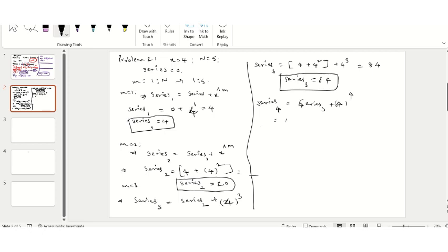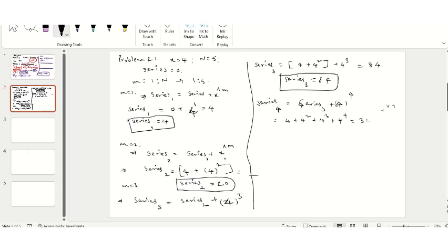But what is series 3? 4 plus 4 square plus 4 cube plus 4 to the power of 4. So we will get 84 plus 340. Simplified value, sir?